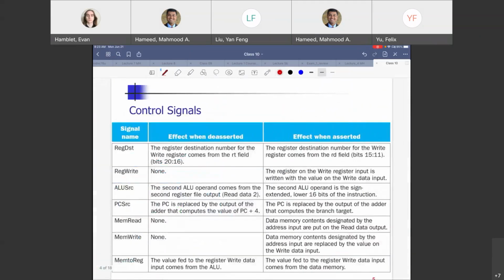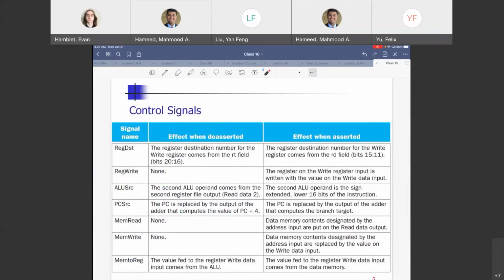Okay, so we can go through this table exactly the same way as we did, and we can have a very long discussion about these things. Let me just point out a couple of them. So for example, let's say register write. What is the effect when it is deasserted, meaning inactive?